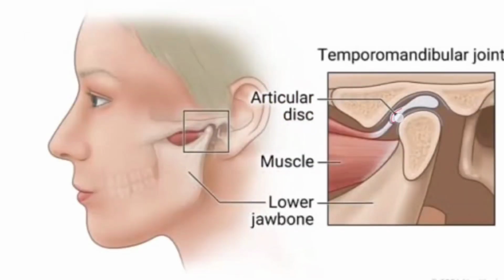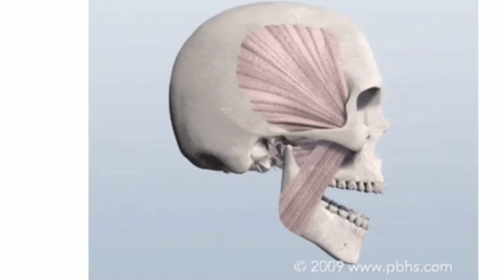So this is the articular disc. We have the upper compartment and lower compartment. The upper compartment is mainly responsible for the gliding movement, and the lower compartment is responsible for both gliding and rotating movement, mostly rotatory movement. Now look at this.